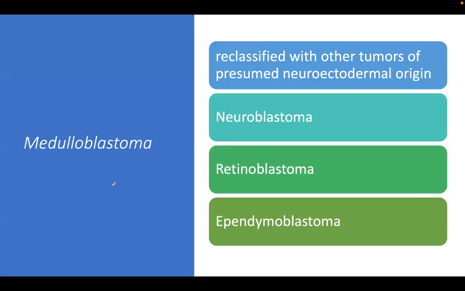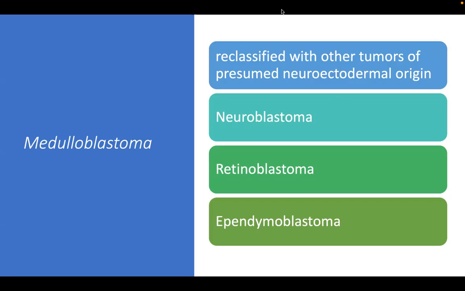For the medulloblastomas, before they were under the neuroectodermal origin tumors. Now, we have the following: the neuroblastoma, retinoblastoma, and the ependymoblastoma.